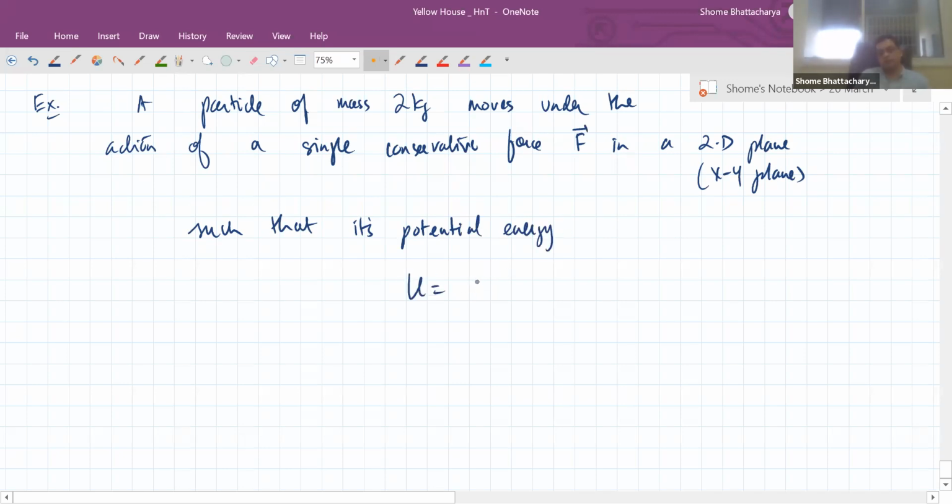It is 20 divided by square root of x square plus y square, where the coordinates x, y are in meters and u is in joules.